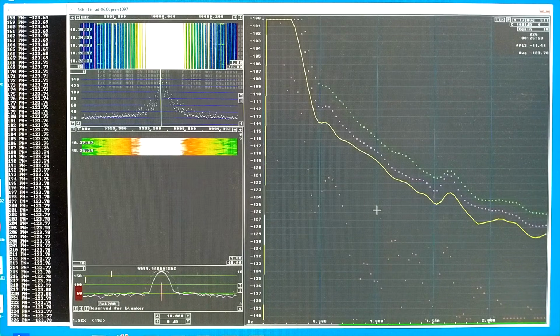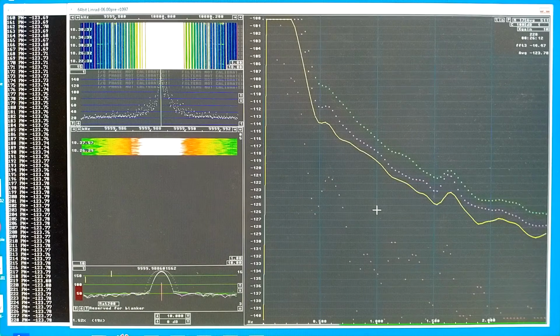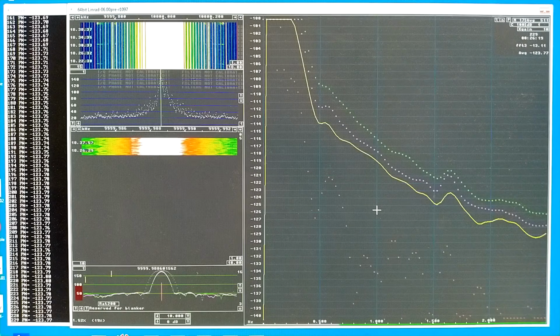So to get an accurate result within a quarter of a dB, I need to run this for something like 15 minutes, when the level is at minus 119 dBc per Hertz at 1 Hertz offset.